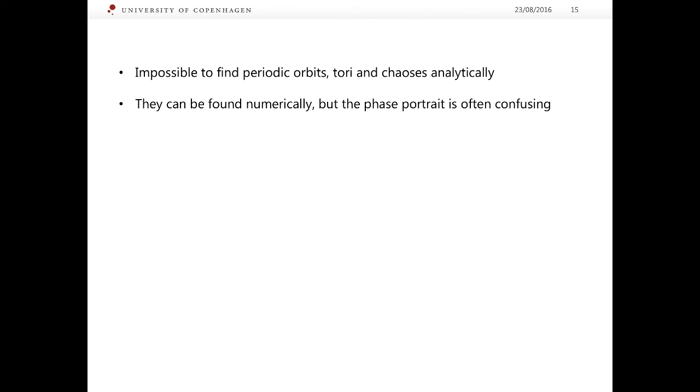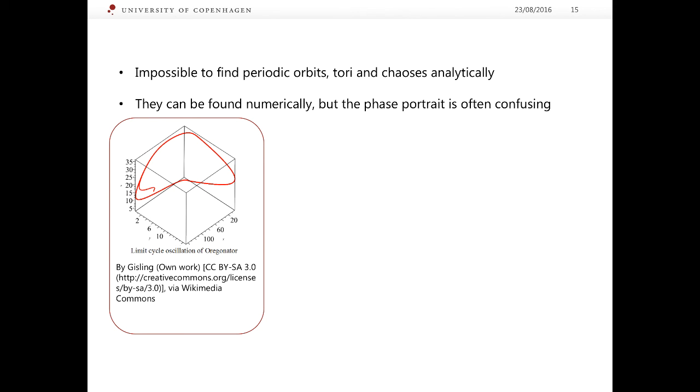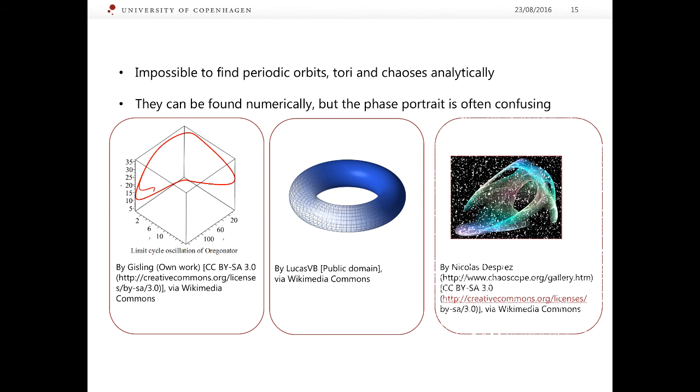And we have to resort to numerical techniques. The problem with such attractors is that their phase portraits around these attractors might be quite confusing. For example, a few illustrations of these objects are shown in this figure.